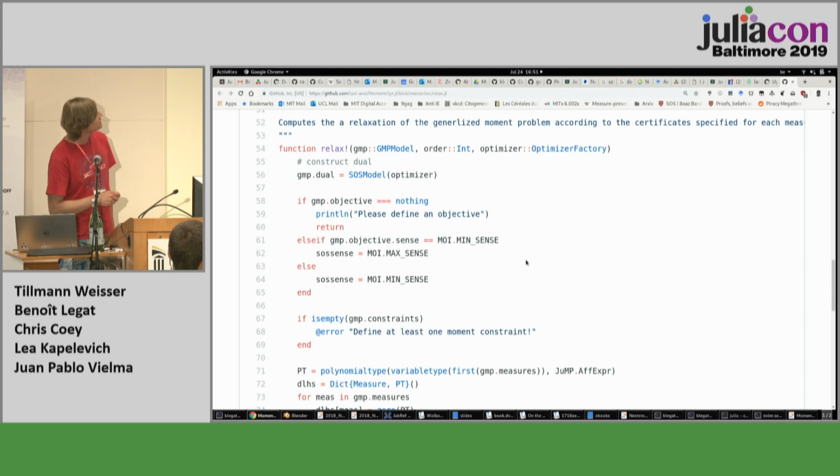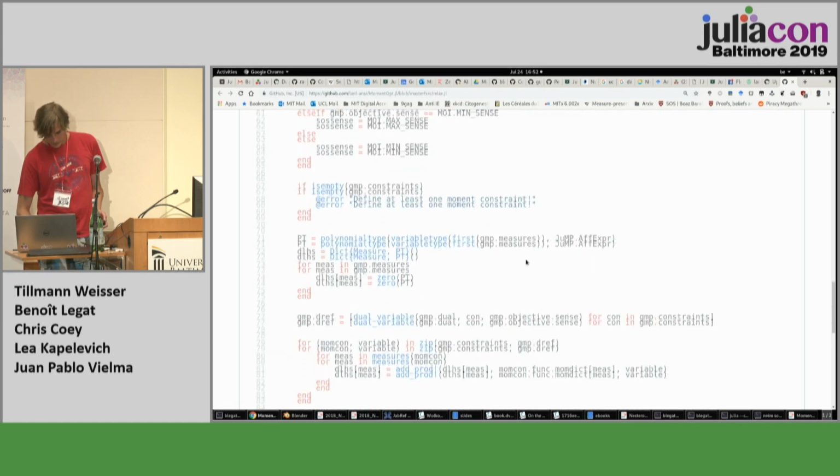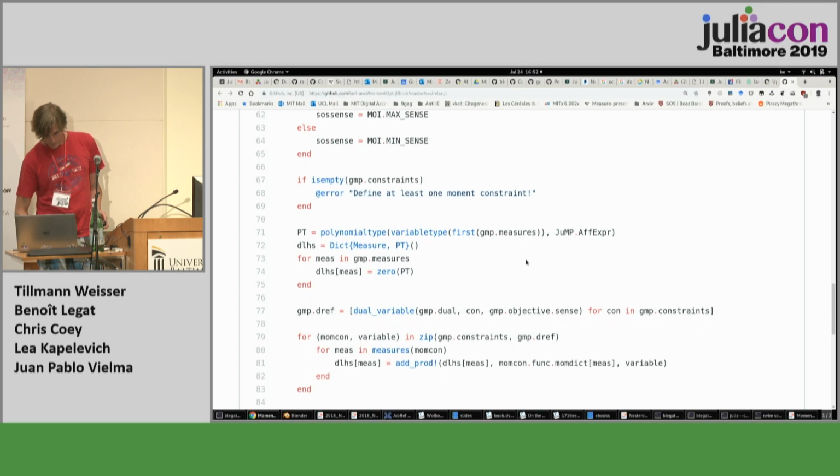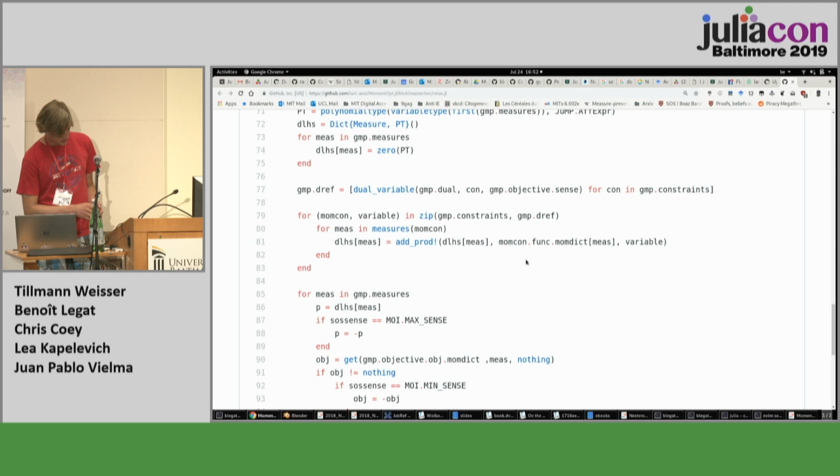And so this is the relax function, and this is doing all the work to relax the problem. As I said, it takes the JuMP model, the order to which I want to relax it, and the optimizer. And first of all, it creates an SOS model in this dual space, in this dual container here. Then here, it will create the dual variables, so this vector p I mentioned in the dualization.